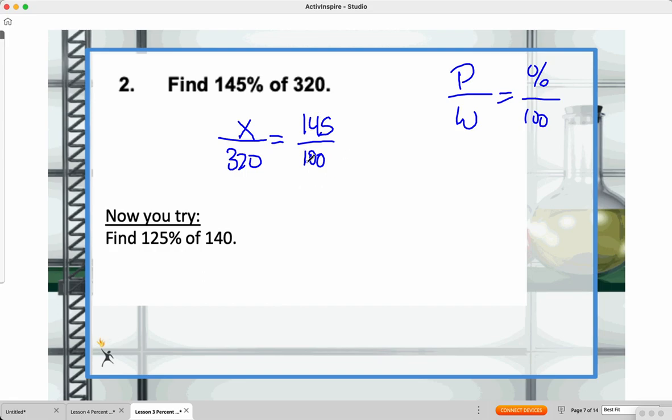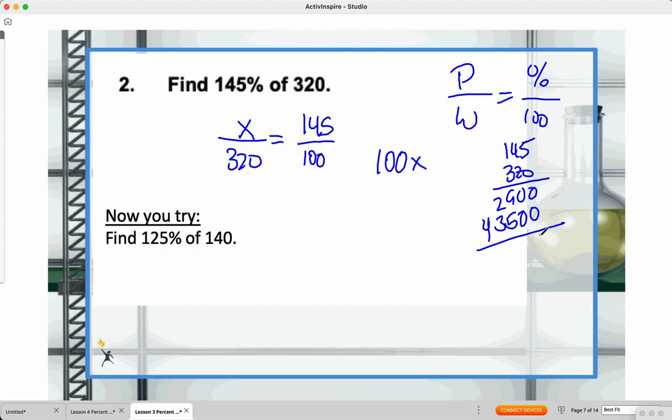I actually don't prefer to simplify. I prefer to keep my numbers because it makes the second half of the equation go really easily, 100x. And then I do 145 times 320. Start with my 0, 0, carry my 1, 9. And then we're going to do our math. 5, carry the 1, that's 3, carry the 1.